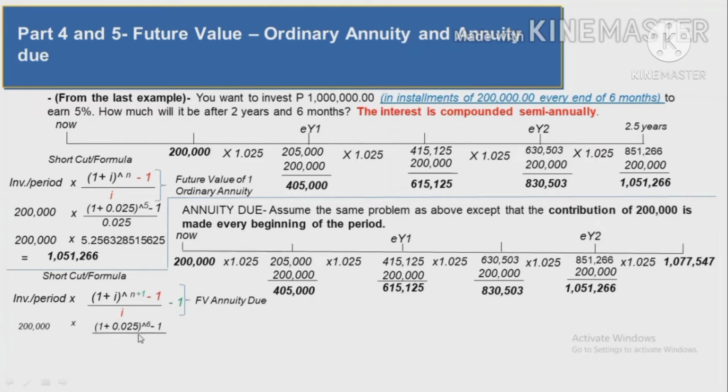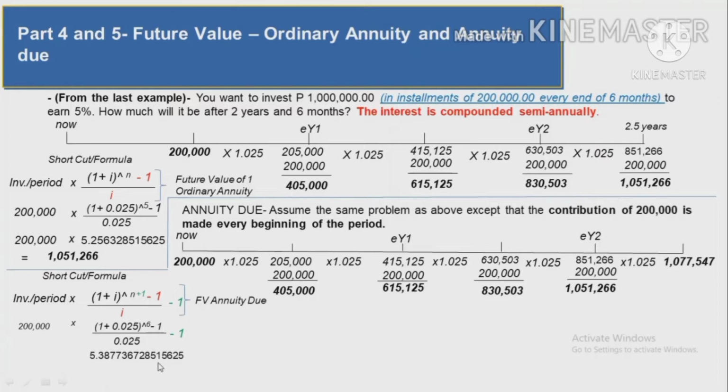Now, if you got the answer for this one, that's the time that you are going to deduct the 1. And then after you get the answer for this one, that's the time that you are going to divide the 0.025. And after you get the answer for this whole, that's the time that you are going to deduct the final one.